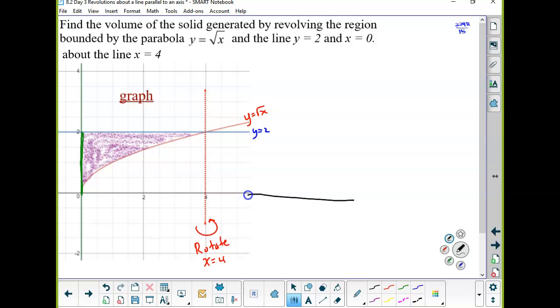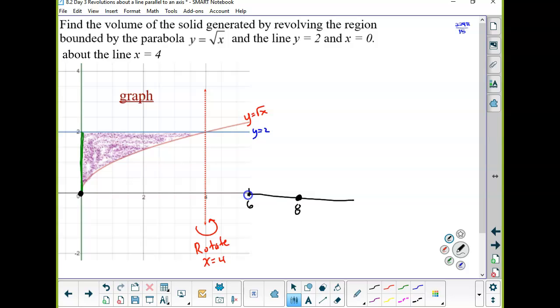This graph is going to be gigantic. But I know that this point right here is 4 units away from where I'm rotating. So I'll have another point 4 units past that at 8.